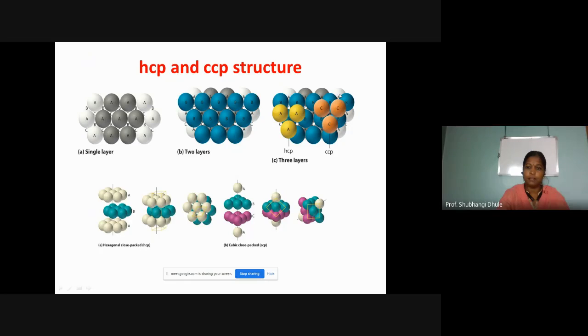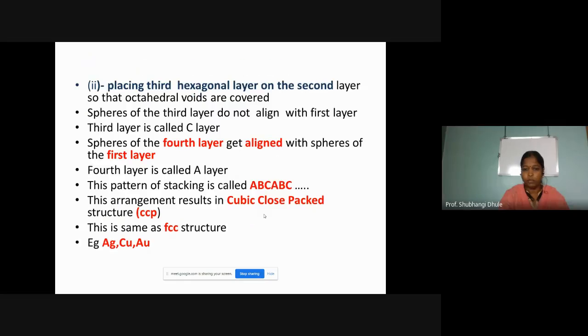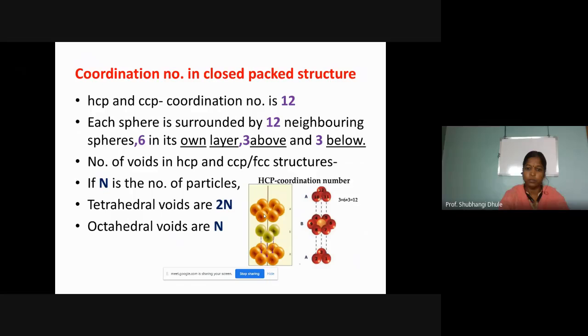And when we place the third layer, that is the C layer, that gives you a totally different structure, that is the FCC structure or the cubic close packed structure. Okay, so in this way we have learned the types of arrangement of the crystal structure, that is simple cubic, then the HCP structure, the hexagonal close packed structure with the AB pattern, and the CCP structure, which is the result of the ABC type of packing of the hexagonal close packed layer in three dimensions.